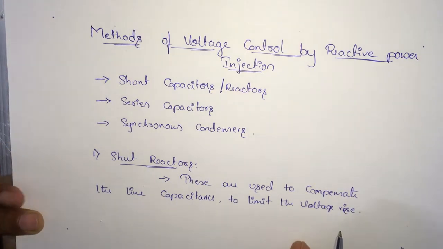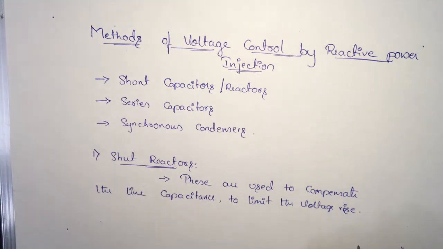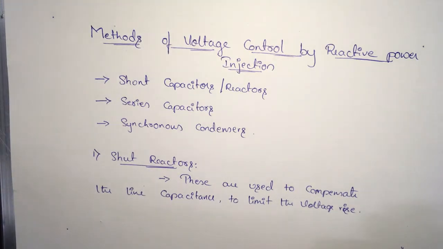If you have any line capacitance, the voltage may increase rapidly. So in order to compensate that, we are going to use these shunt reactors.